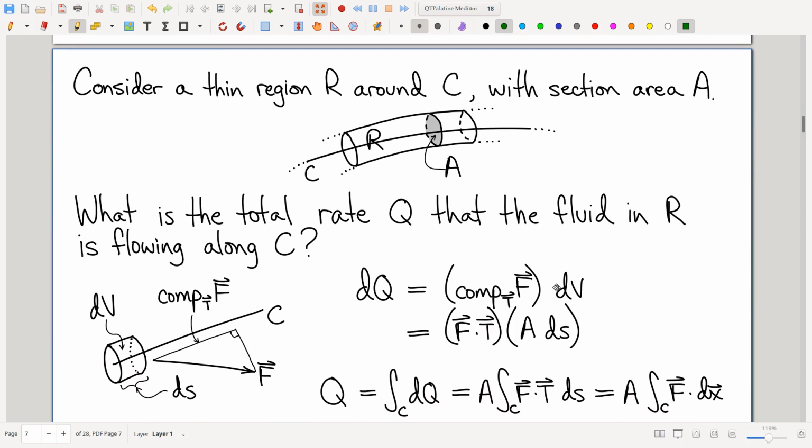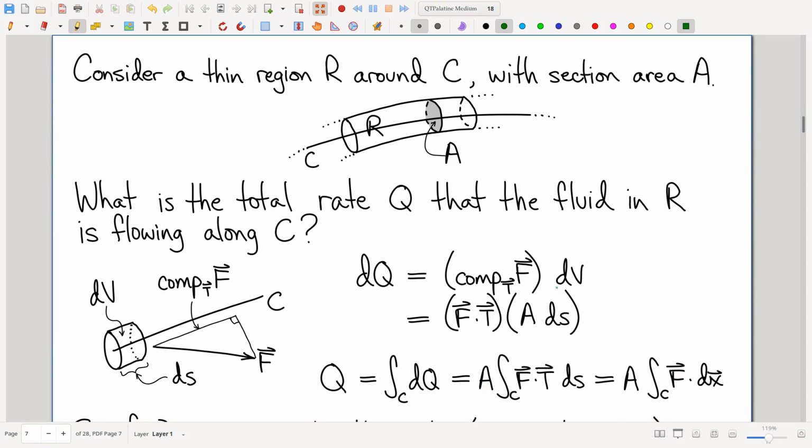Here's how we're going to answer our new question. If we have a curve, we want to talk about a vector line integral along that curve. What we're going to do is going to seem like it comes absolutely out of nowhere.